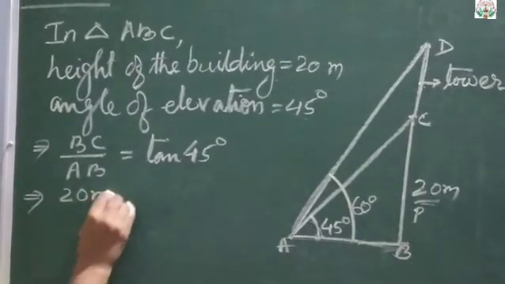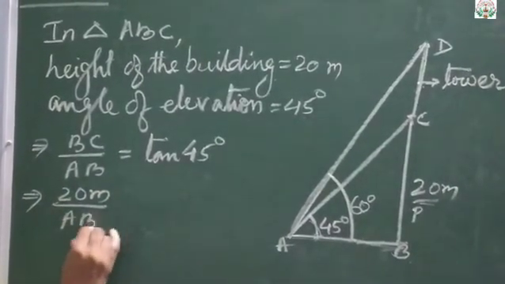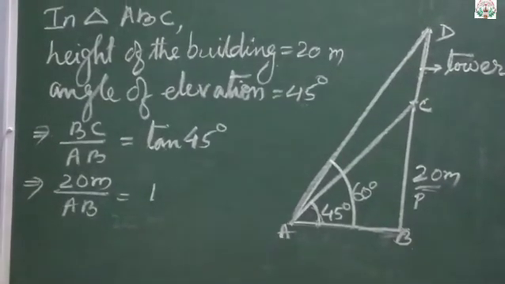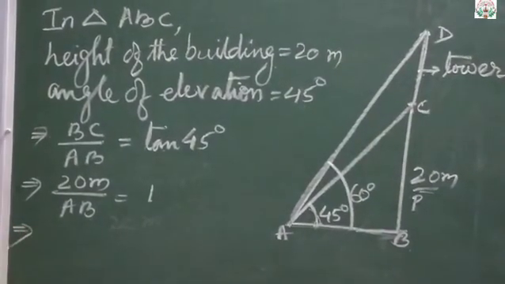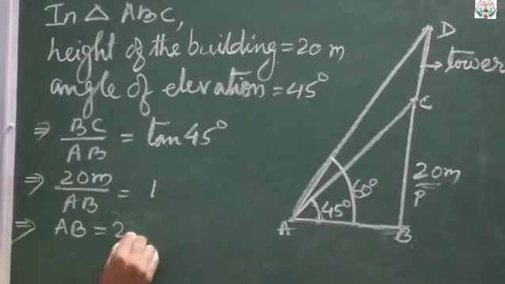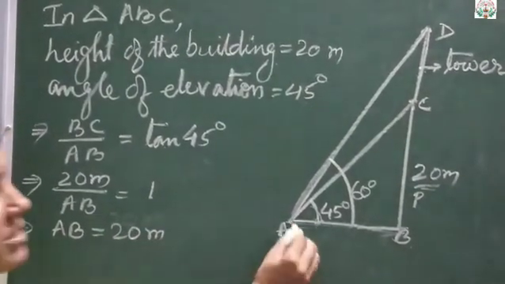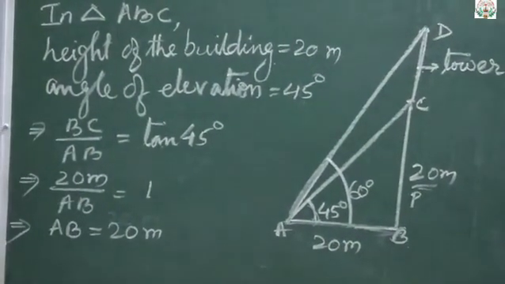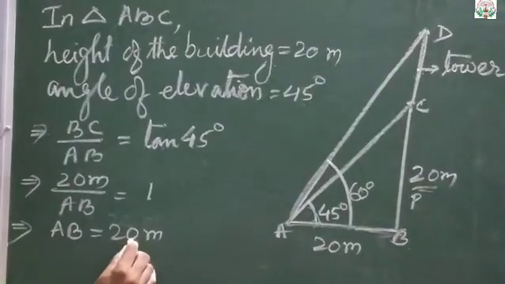So 20 meter upon AB equals tan 45, which is 1. The value of tan 45 is 1. Now on cross multiplication, what you will get? AB equals 20 meter. That means this base is 20 meter only. Clear? The base is also 20 meter.